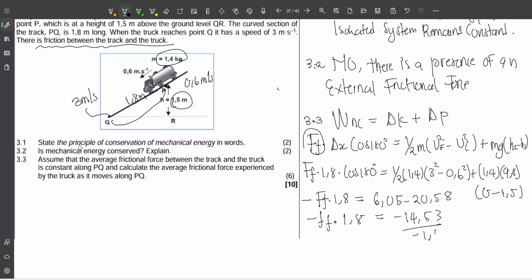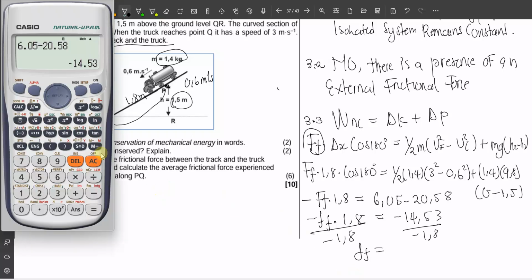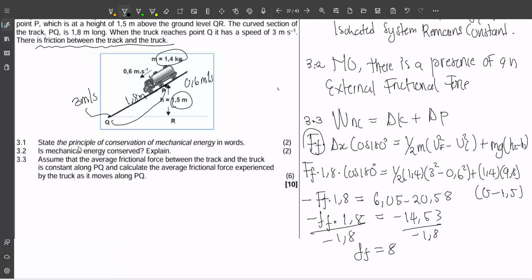Then divide by negative 1.8. Therefore the value of the frictional force is 14.53 divided by 1.8, which is 8.07 newtons.